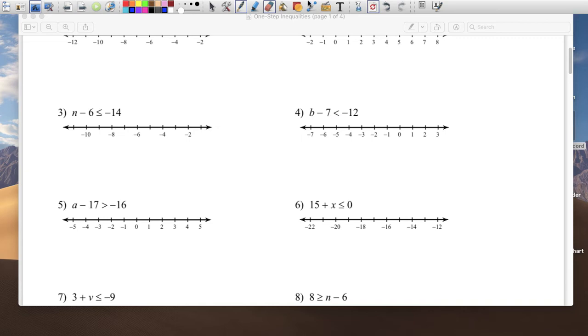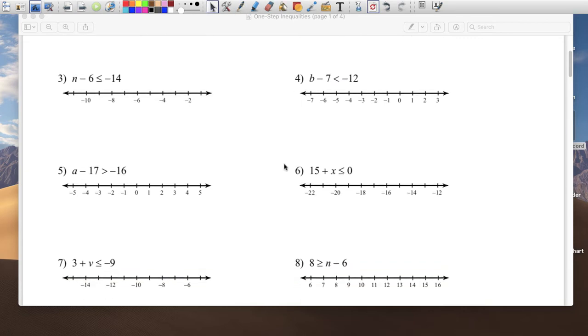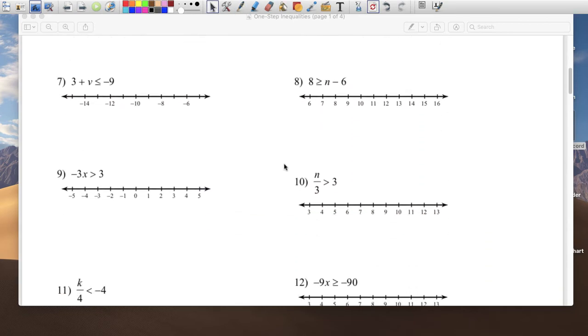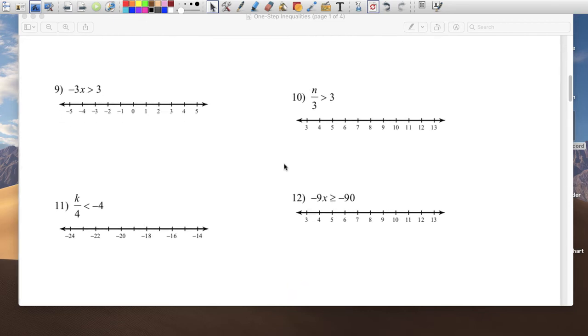That was number 8. Let's pick something with multiplication. Number 9. Again, let's start with a little story.